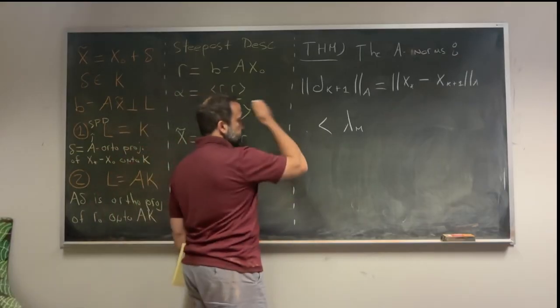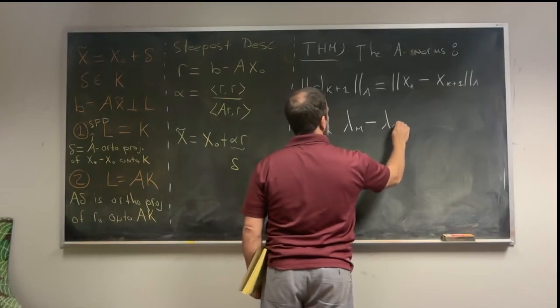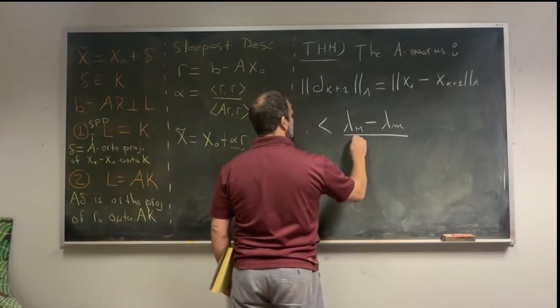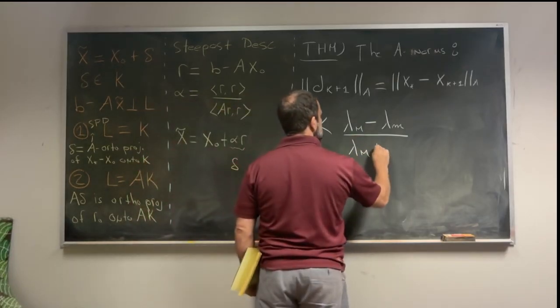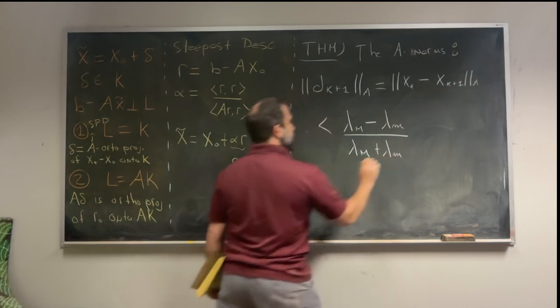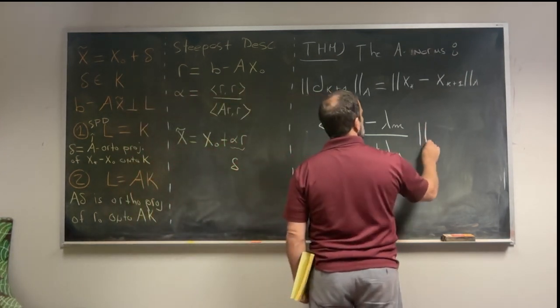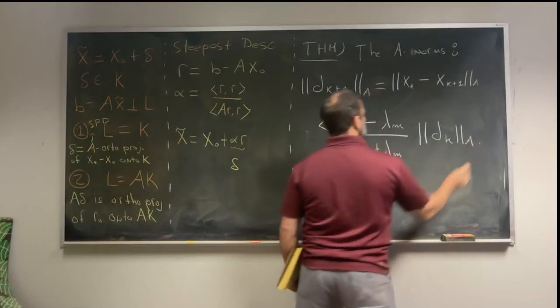So lambda M is the biggest eigenvalue, minus lambda little m, the smallest eigenvalue, divided by lambda big M, the biggest eigenvalue, plus lambda little m, the smallest eigenvalue, times the error of the previous step.